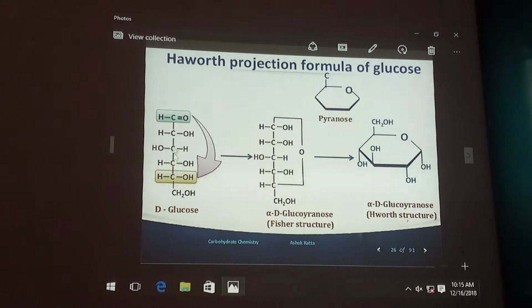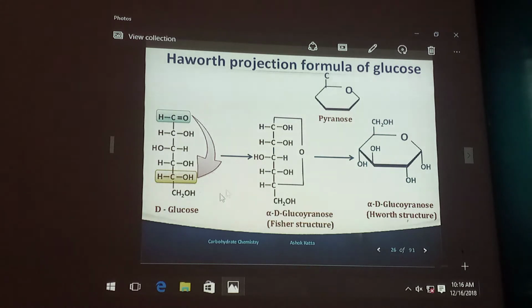We will start from the glucose form, the D-glucose. In this case, we shift the bond toward oxygen, and after shifting this bond, one of the hydrogens from carbon number 5 will get attached to this oxygen, and the carbonyl carbon atom will get attached through the oxygen of carbon number 5.